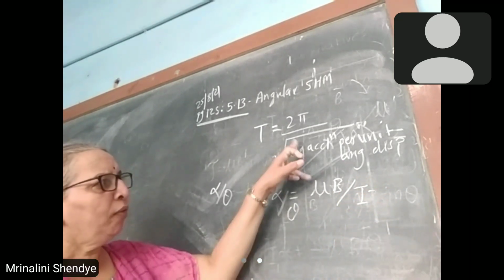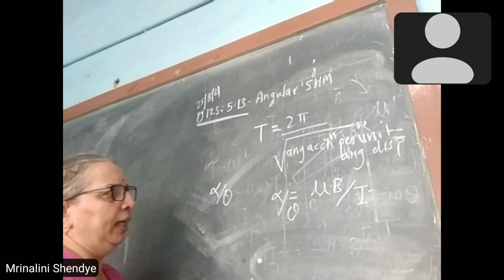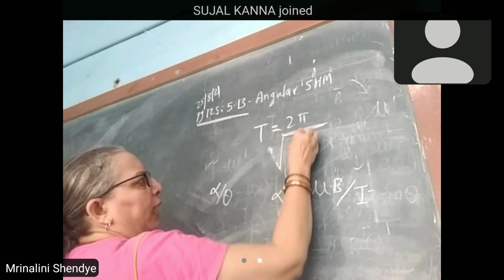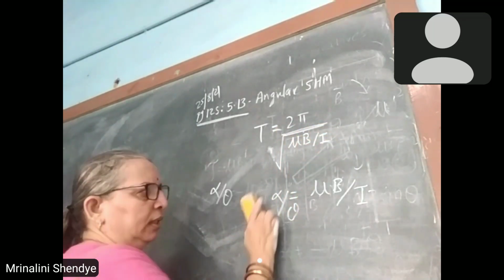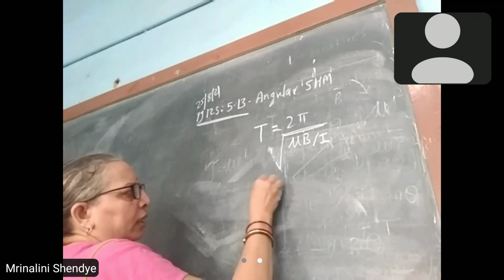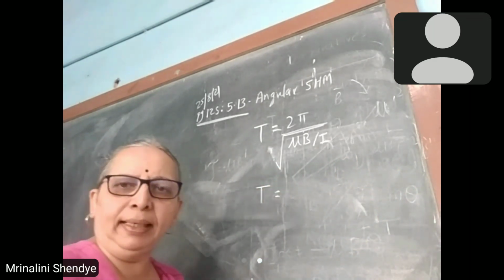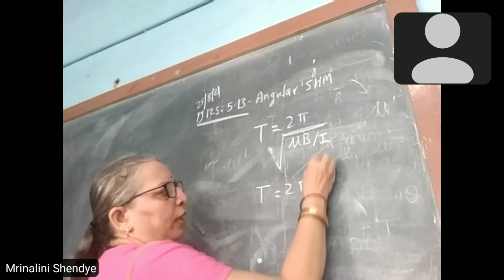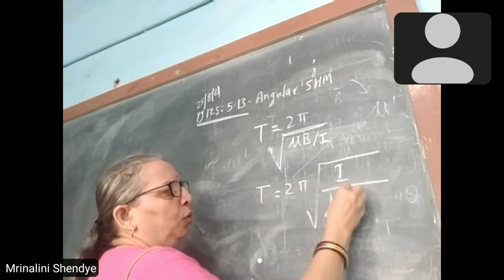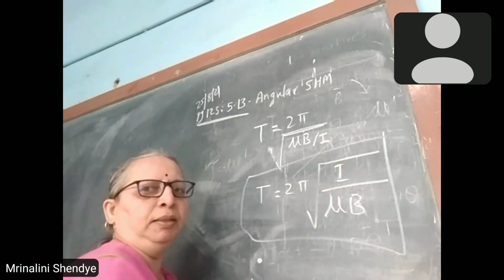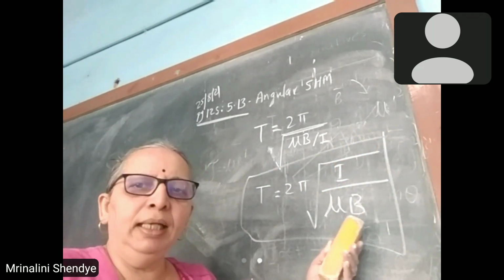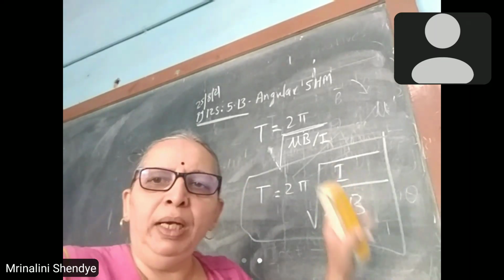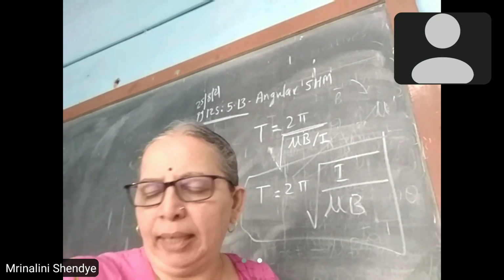When you substitute the value over here, we can define period of magnet. So it will be square root mu b upon I. Rearranging the terms, we can derive the time period T of magnet vibrating in uniform magnetic field: 2 pi square root I divided by mu times b, where mu is its magnetic dipole moment and b is strength of magnetic field in which it is vibrating, having moment of inertia I about the given axis of rotation.